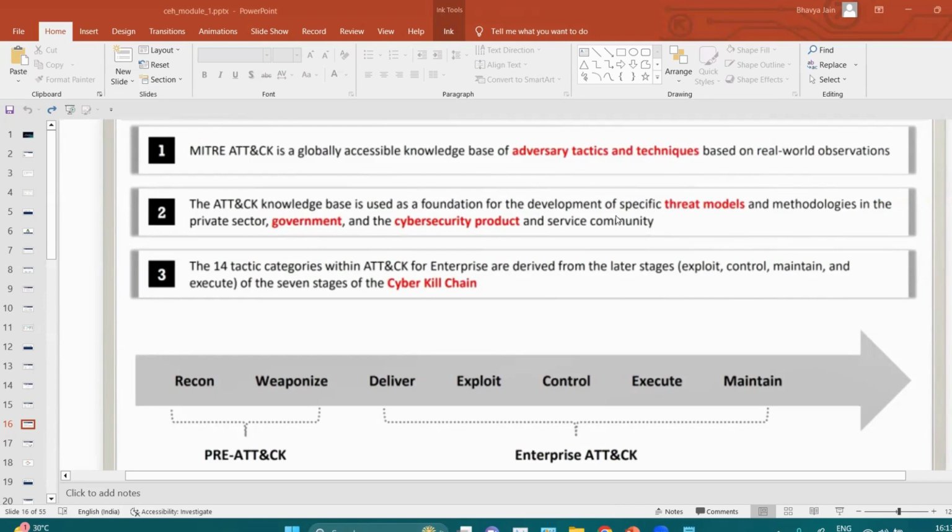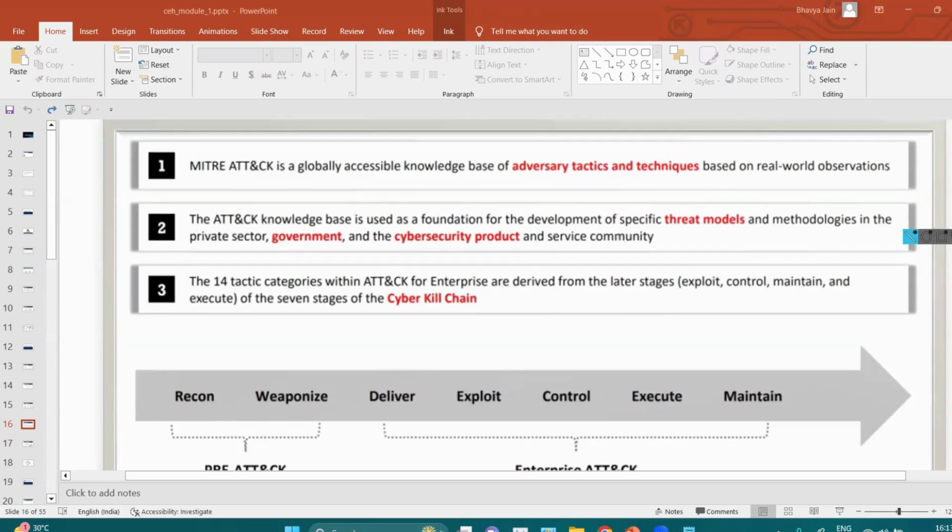Okay, so there are a few points to note here. First point is this framework is based on real world observation. And secondly, we can apply this particular framework anywhere, like in any sector of the economy, for example, the private sector, the government sector, and any product based or services based company.